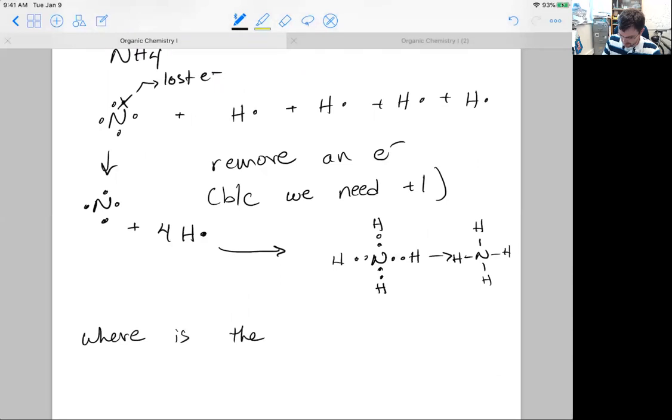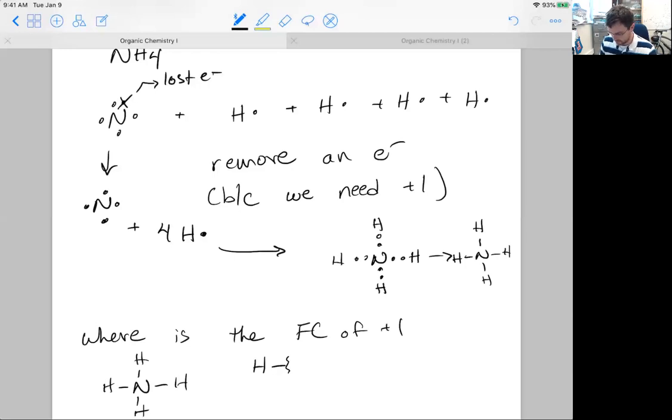So where is the formal charge of +1? Well, there it would be. In this case, if we look, the H's are all the same. The H's all have 1 bond. I'll just show it as hanging off into nowhere with a squiggle. That's actually fairly common notation.